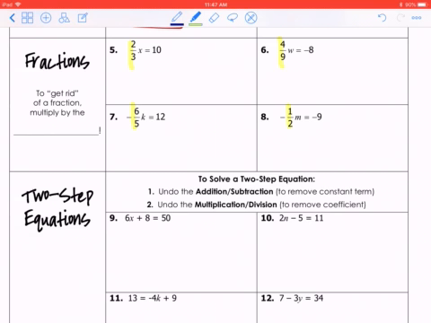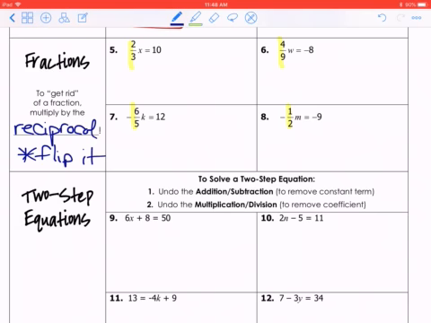To remove a fraction from an equation, you are going to multiply by the reciprocal. Hopefully you guys remember what that means. The reciprocal is when you flip it. So we can put a little star here and actually write it: flip it, because that usually helps you remember it.